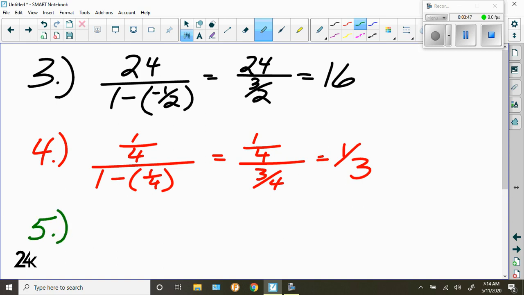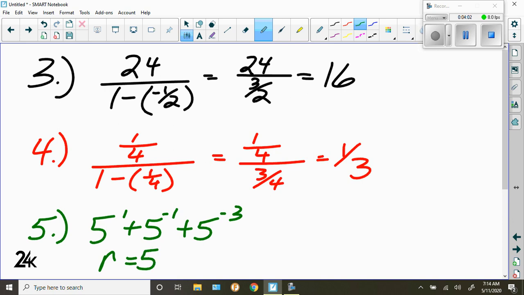Number 5. Okay, this guy goes like this. 5 to the first plus 5 to the negative 1 plus 5 to the negative 3. And you're like, what? You are multiplying by r. So r is going to be 5 to the negative 2. Because if you're multiplying, you're adding powers. Okay? So got that? So then this would be first term 5 over 1 minus 5 to the negative 2.